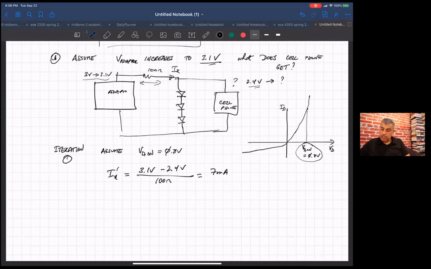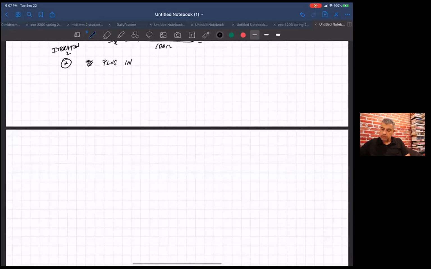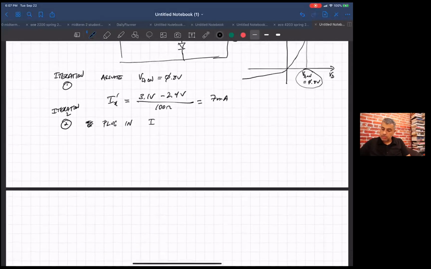That was our starting point. So now, iteration 2, we're going to plug in this new I sub x prime to get a new VD on.